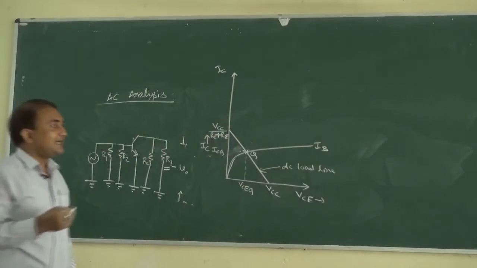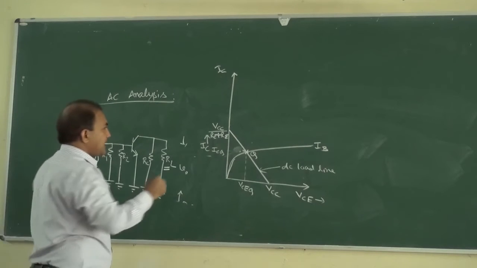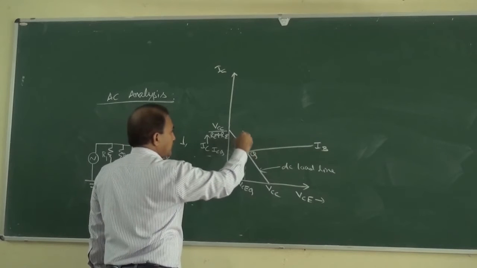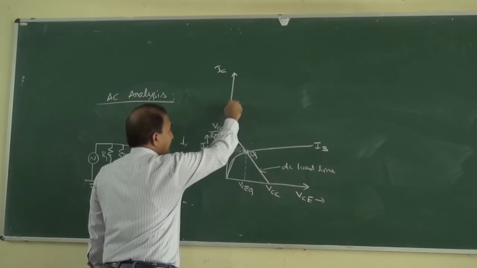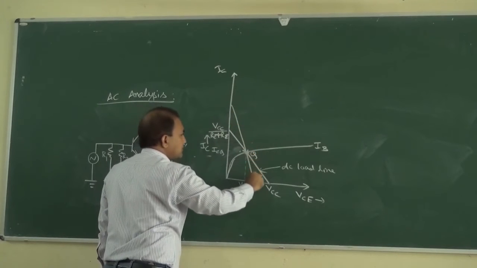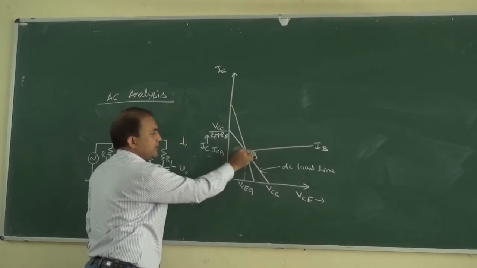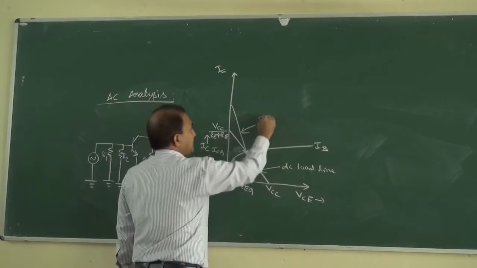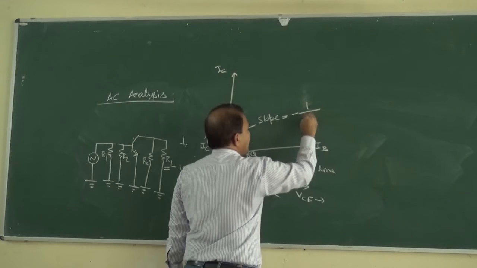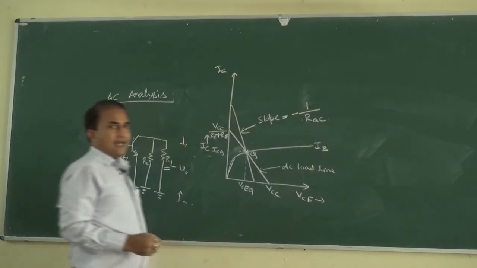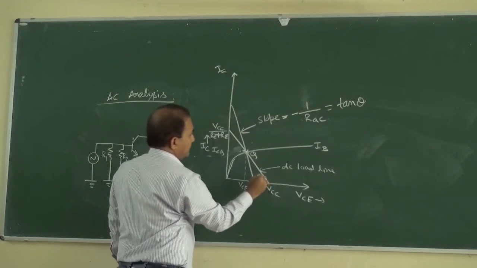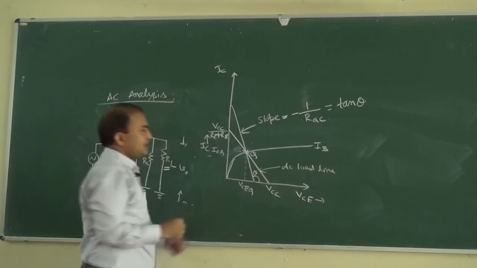So how can we draw the AC load line? For determining the AC load line we have to draw another line, and it will pass through this Q point. The slope of this line is equal to minus 1 by RAC, that is, it is equal to tan theta, where this is theta.